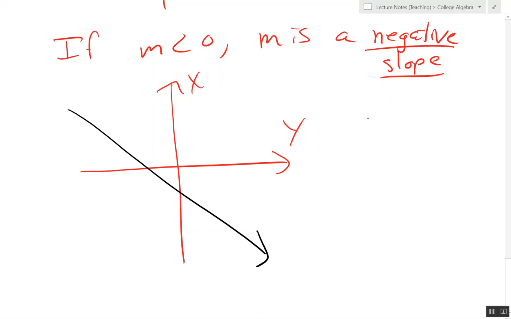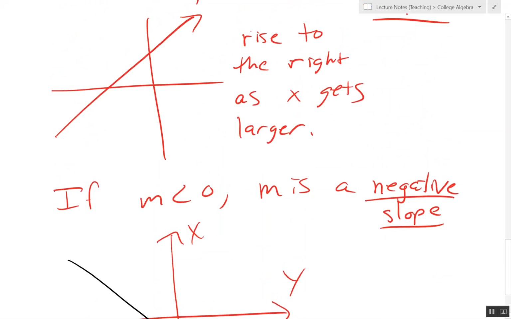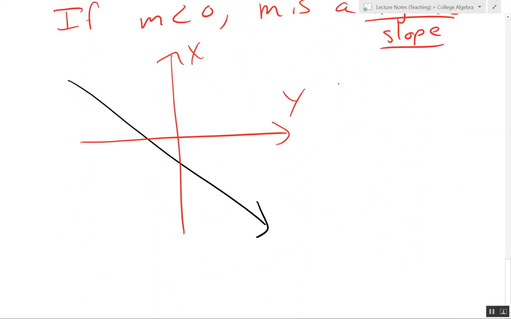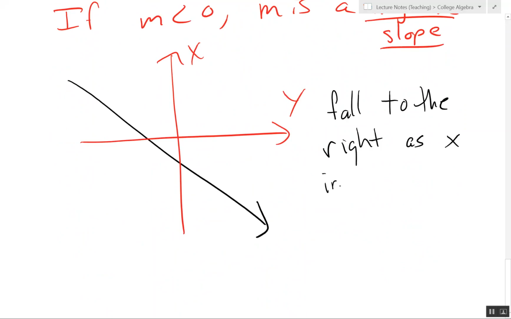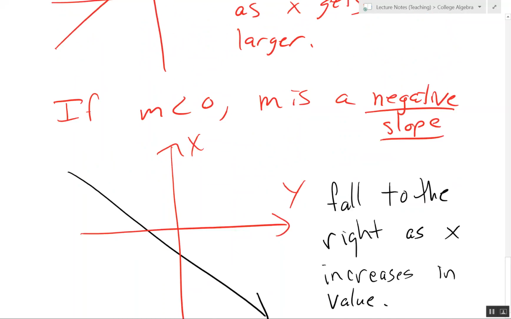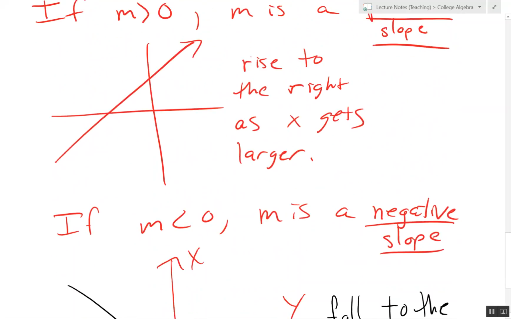How did I say it up here? Oh, we are going to fall to the right as x increases in value. So there's some terminology to add to your list. I did say you need to know what a positive and negative slope are, and there you go.